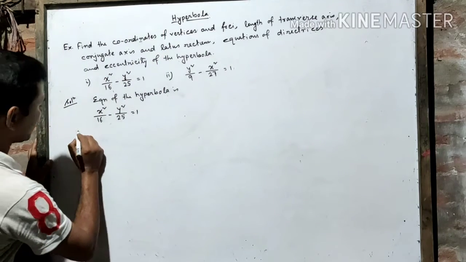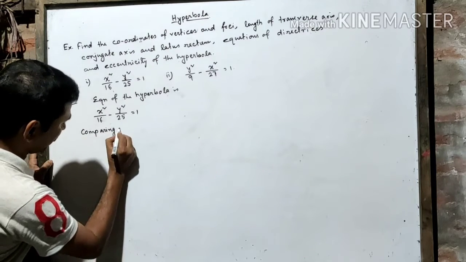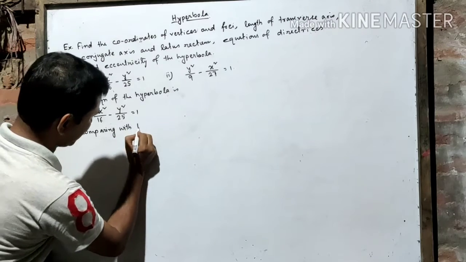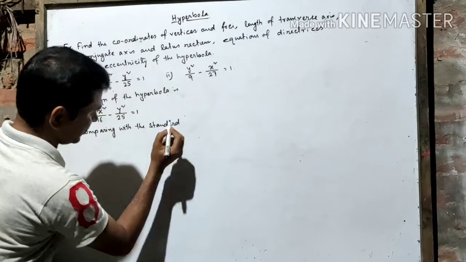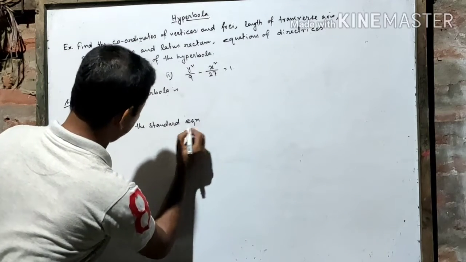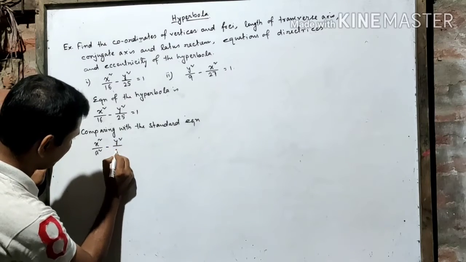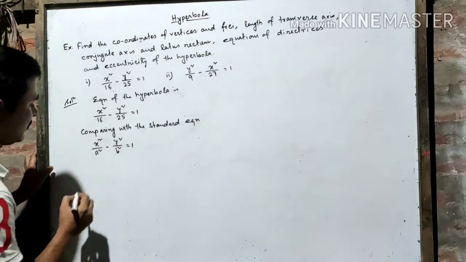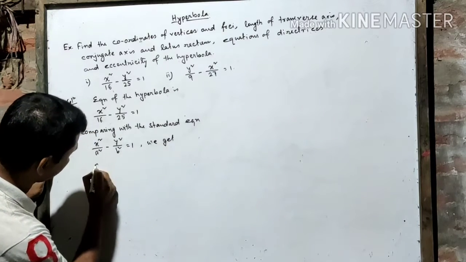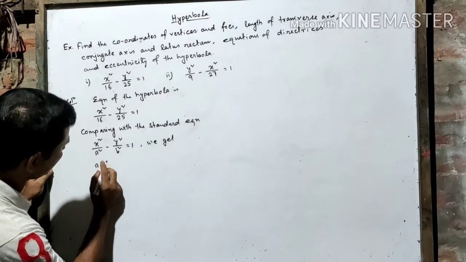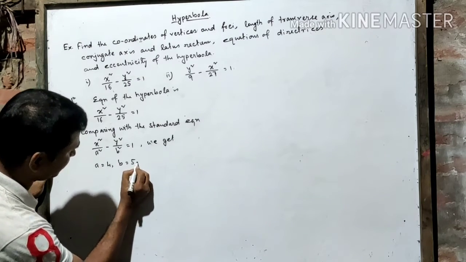So comparing with the standard equation x square by a square minus y square by b square is equal to 1, we directly write a is equal to 4, b is equal to 5.